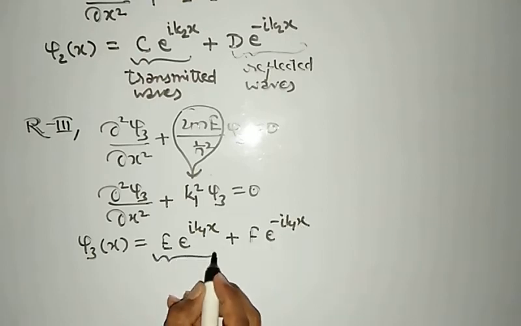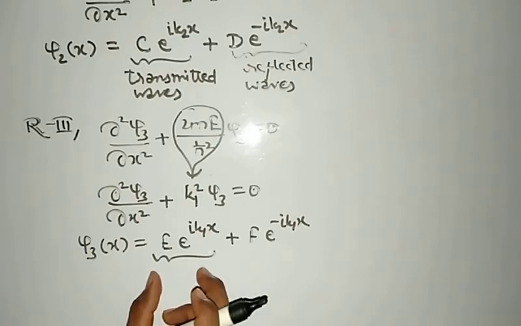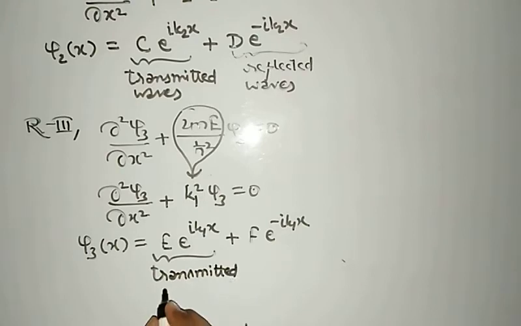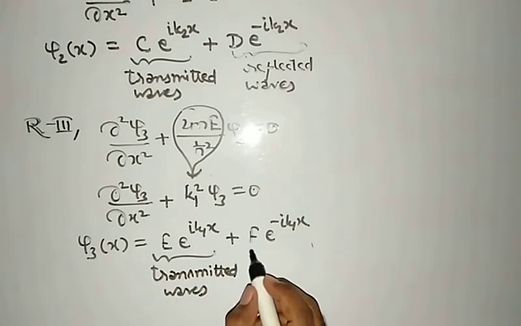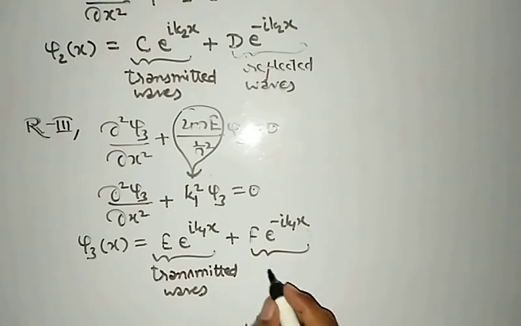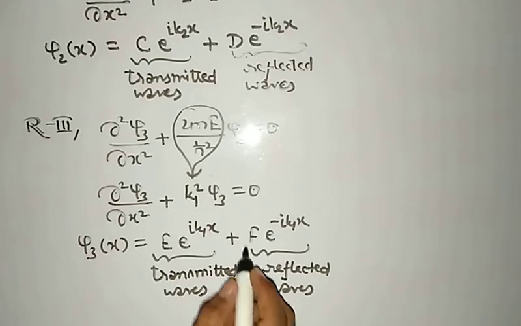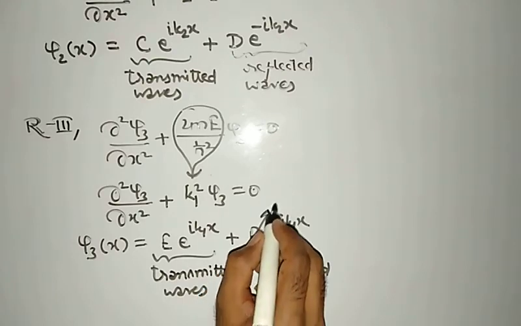So what is this? When waves from the second region cross towards the third region, this is again the transmitted wave in the third region, and this is the reflected wave towards the third region, but from the third region there will obviously be no reflection, so this will be 0.